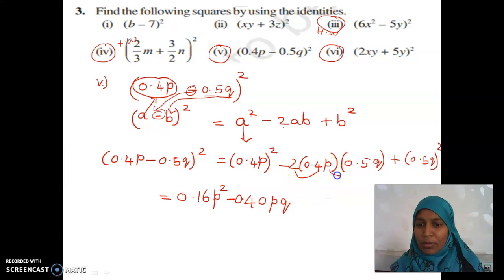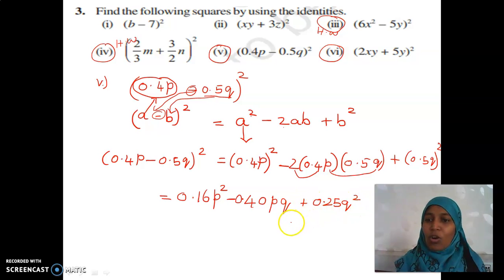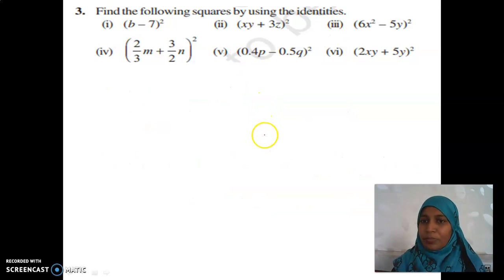I multiply the variables p into q, pq. What about the last term? 5 5s are 25, 2 decimal places. So I place the decimal point, leaving 2 places from the back, and we have q squared. And this is the answer. Hope it is clear, children. Only 3 lines to complete this sum. Only 2 sums I have given in this. Shall we move to the next?